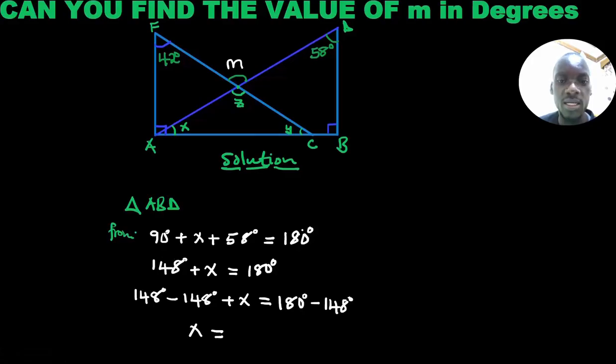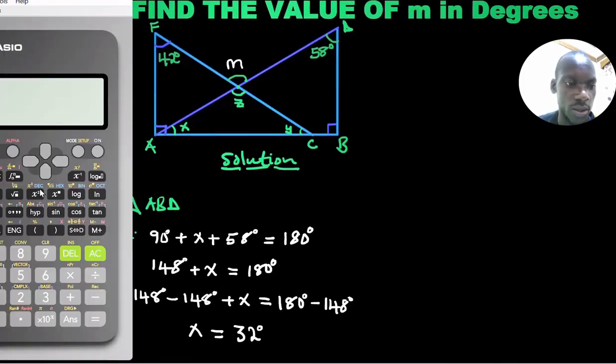Here you are not limited: you can use a calculator, or if you are very sure, just use your brain. We get X being 32 degrees. If I get 180 minus 148, I must get 32 degrees.